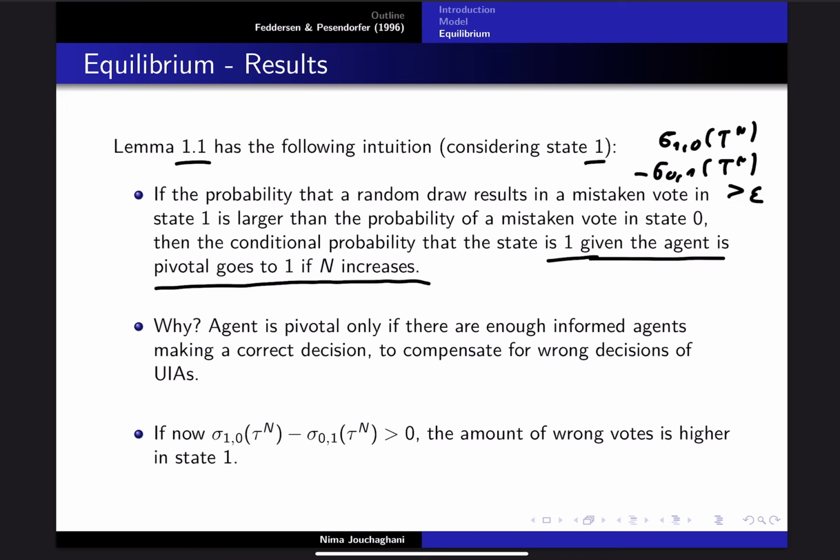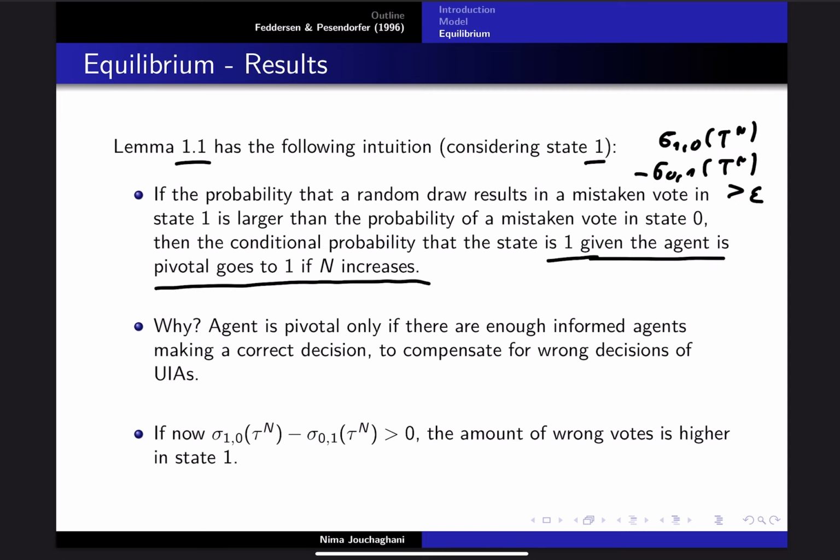Basically what this is saying is that if with a higher likelihood a random draw results in a mistaken vote in state 1 than in state 0, then the agent knows with certainty that he is in state 1, given that he's pivotal, if the amount of other agents is very large.